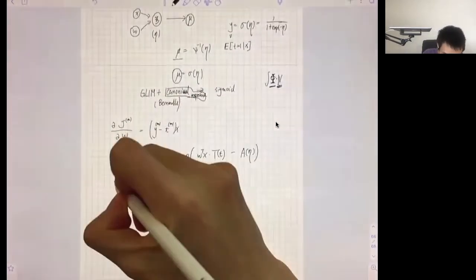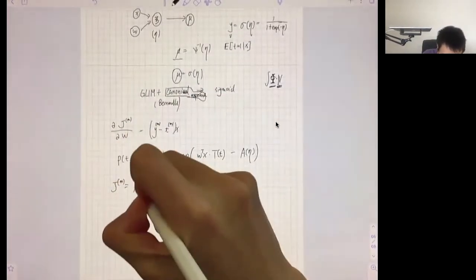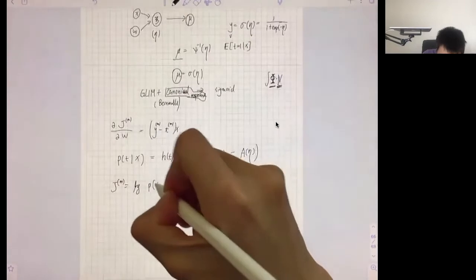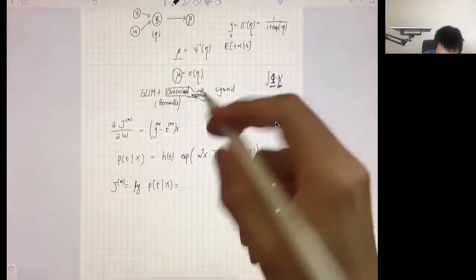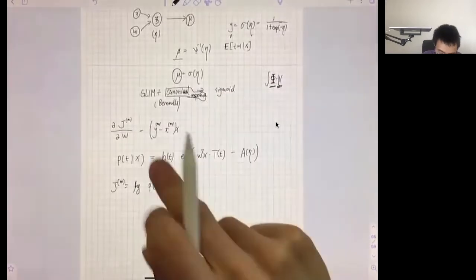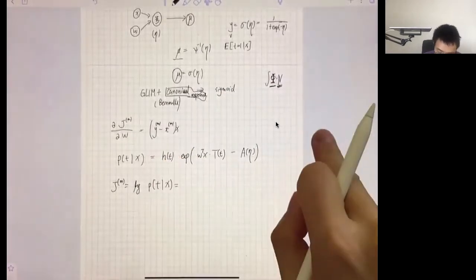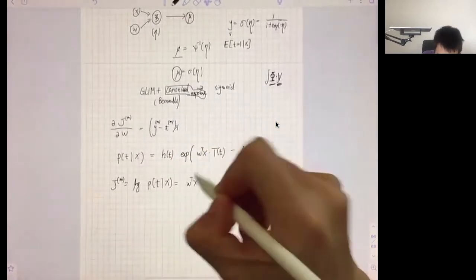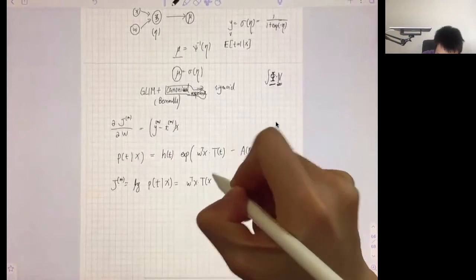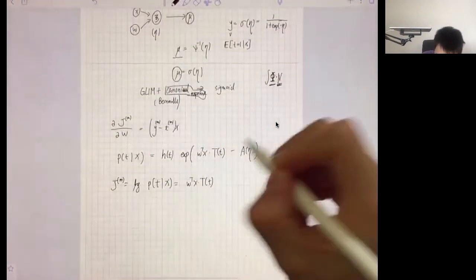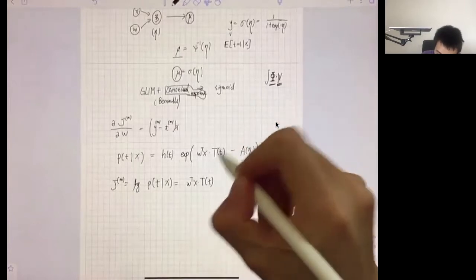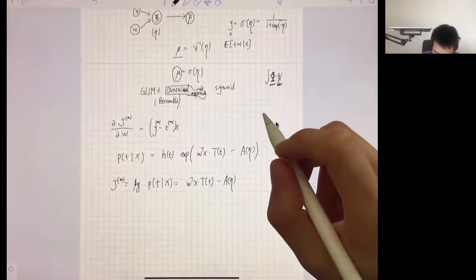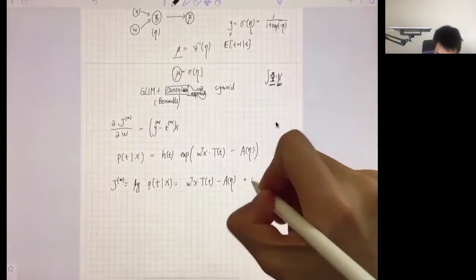Then my J is the log of my probability, P of t, and I also omit m. If I take the log here, then log of h goes to a constant term, and then the log and exponential cancel out. So I would say W transpose x times T of t, minus A of eta, plus some constant term, okay?